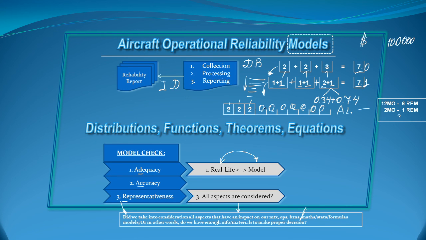We said 2, 2, 2, and 9 zeros. But the question now is, does this actually represent our real life events and experience? Is this information enough to make a proper decision?